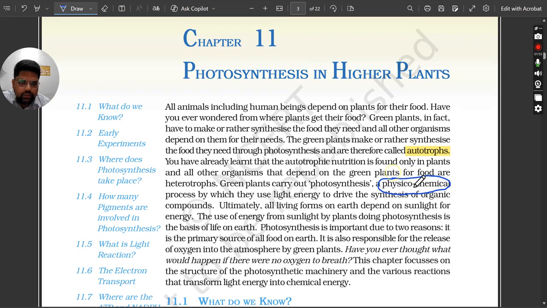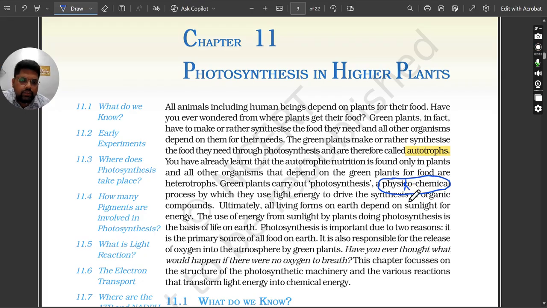It's a physiochemical process. Why is it a physiochemical process? Photosynthesis is a physiological and chemical process. Physio means physiological.